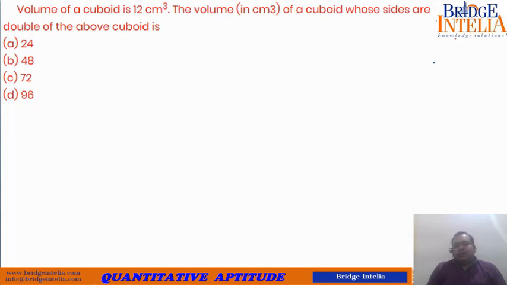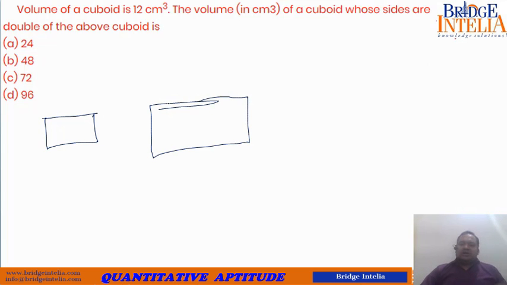The volume of a cuboid is 12 centimeter cube. Find the volume of a cuboid whose sides are double the above cuboid. Again scaling. So you are talking about two cuboids. What is the relation between these two cuboids? It is said that the sides are double. So if this is 1, this is 2. So the scaling factor of length is 1 is to 2.